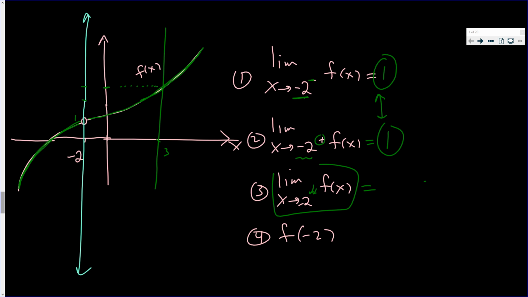Okay? So f of 3 would be 3. But we don't want to know about f of 3. We want to know about f of -2. And this green curve is not crossing anywhere when x is -2.